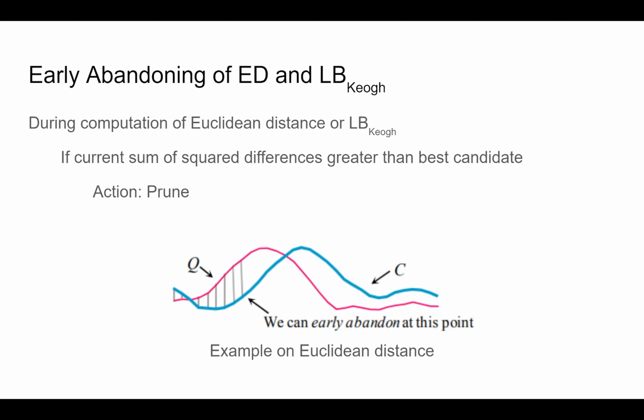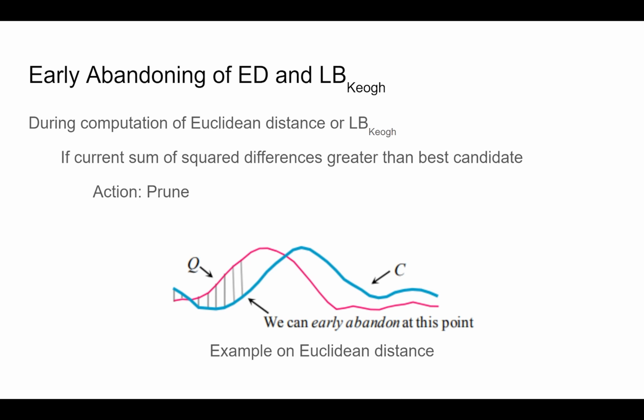Another optimization discussed in the paper is early abandoning, and this can be applied on both the Euclidean distance and the actual calculation of the lower bound. So during the computation steps, if the current sum of square differences of either the Euclidean distance or the lower bound is greater than the distance of the best candidate that you have seen so far compared to the query, then you can directly prune your current candidate and you don't need to evaluate any further.